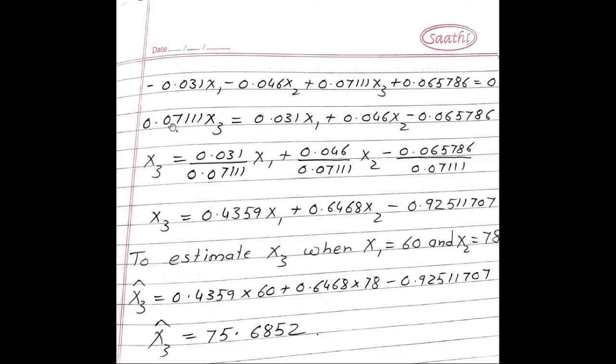Now we will express the equation in terms of x3. So we will keep the x3 term on the left hand side. 0.07111x3 is equal to this minus term. If you take it on the right hand side, it becomes plus 0.031x1 plus, this is also a minus term, 0.046x2, it will become plus, and this is a plus term.